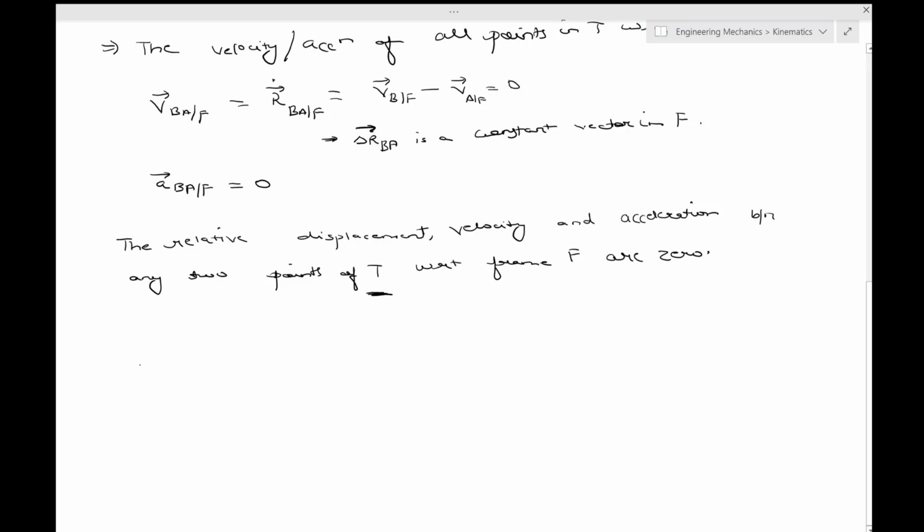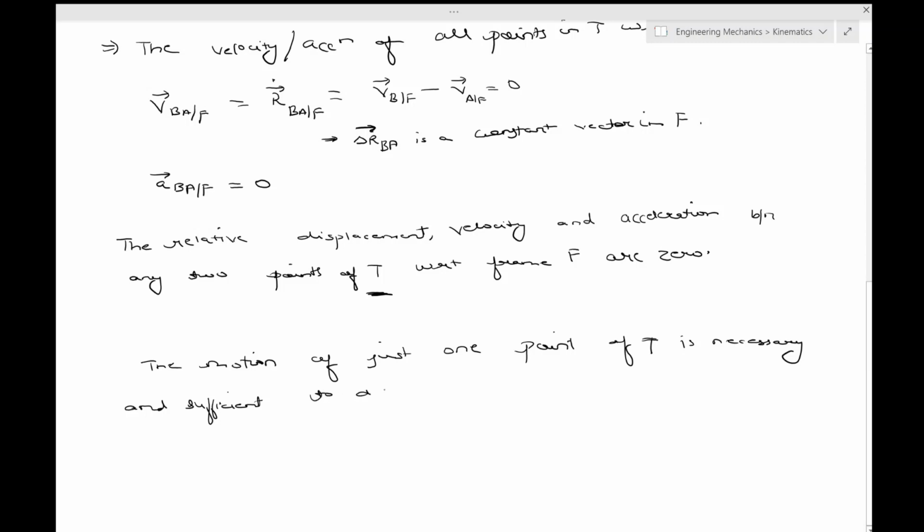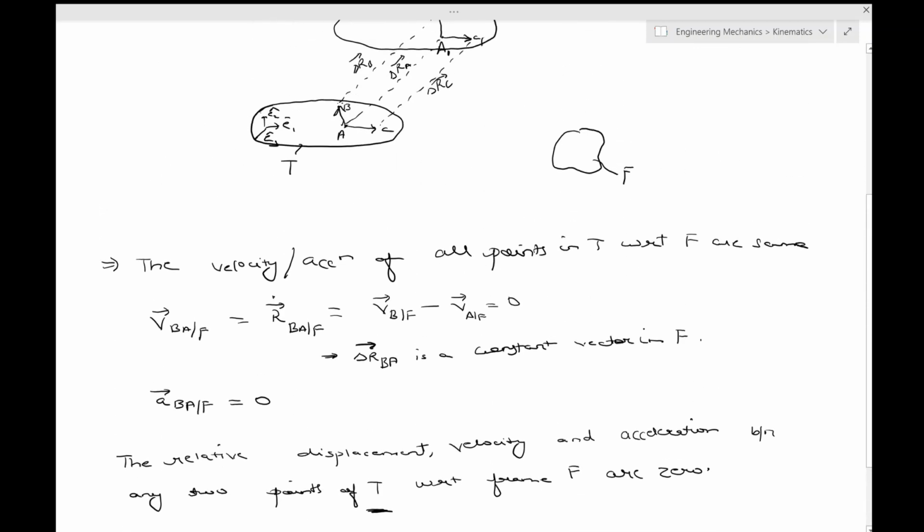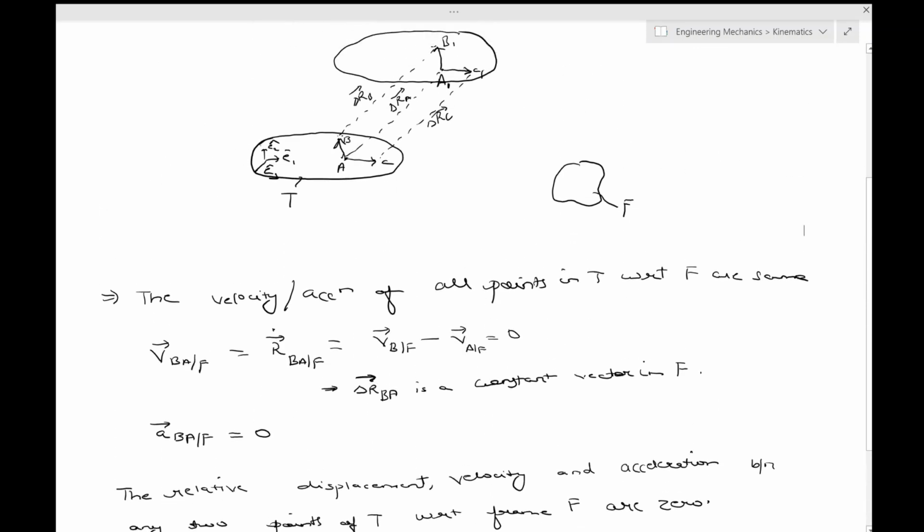Another important point is that the motion of just one point of T is necessary and sufficient to describe the motion of T. Now if you look at this figure, suppose you had the motion of point B given to you.